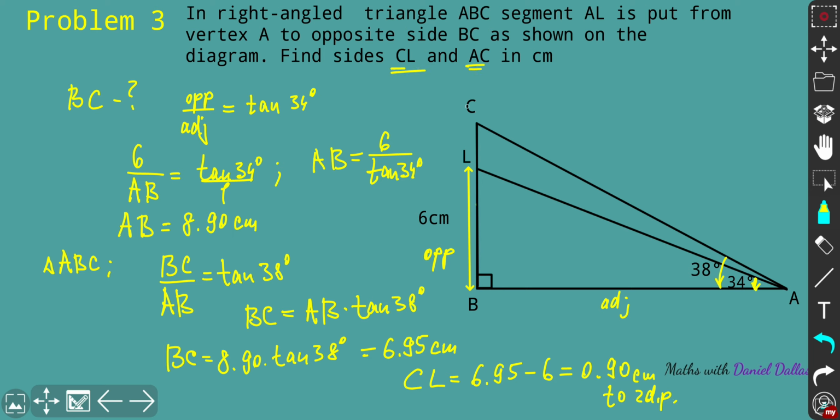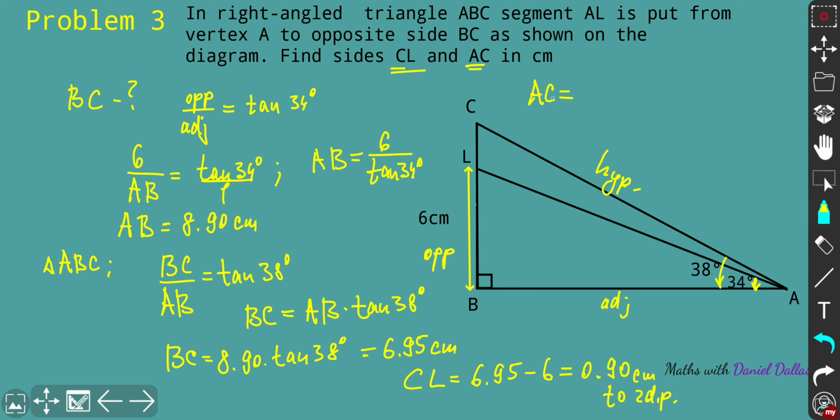How to find AC? For AC, let me see, we can use an adjacent side, for example. We can use the cos rule. There are plenty of opportunities to find AC. AC is the hypotenuse, so you can use Pythagoras, for example, as a first idea.